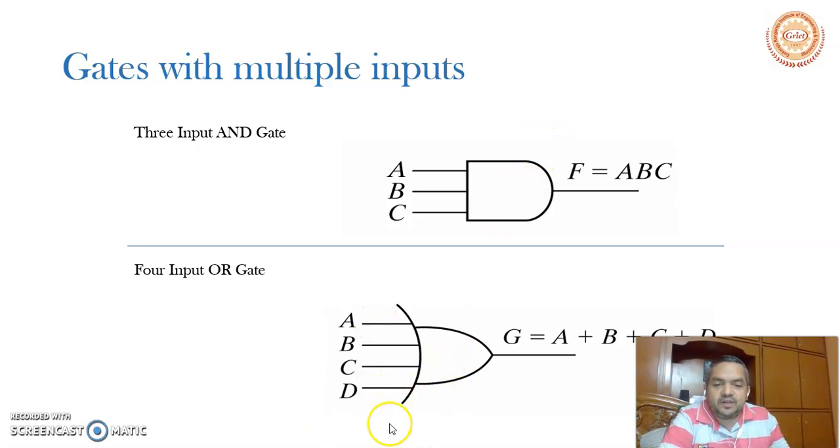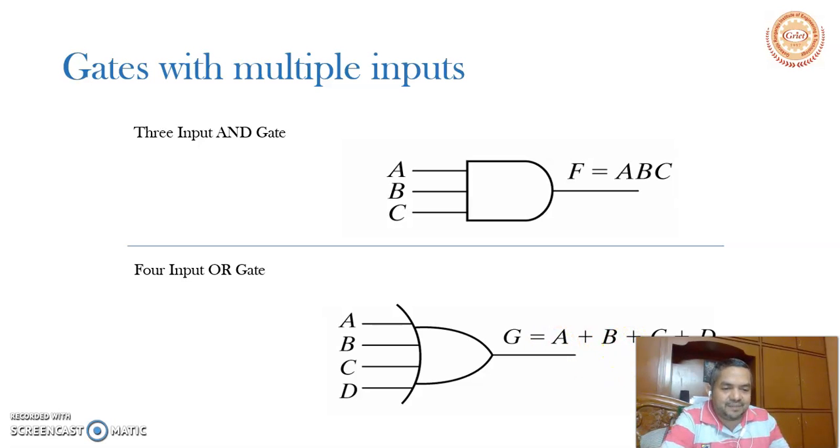Similarly, I can have four inputs also. If you take this OR gate with A, B, C, D, there are four inputs here. Output is A plus B plus C plus D. If I want to treat this as binary, plus is always between two operands only. Plus is always a binary operation. So this can be written as A plus B, and for that you again take C plus D. A plus B is one operation, and I get one output for this.